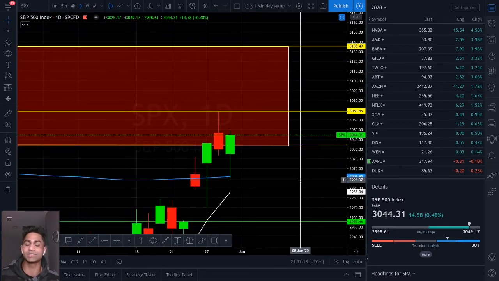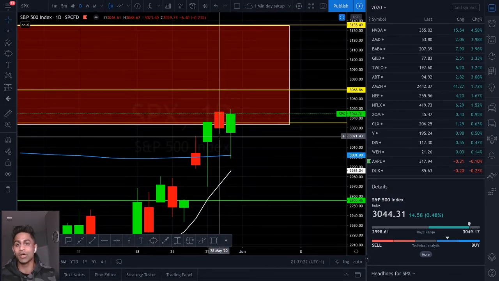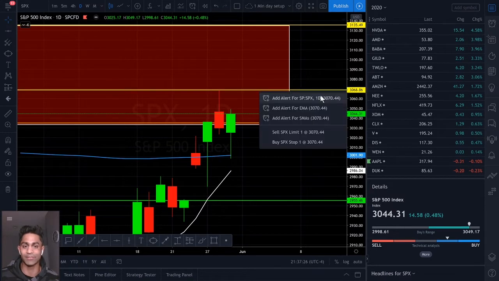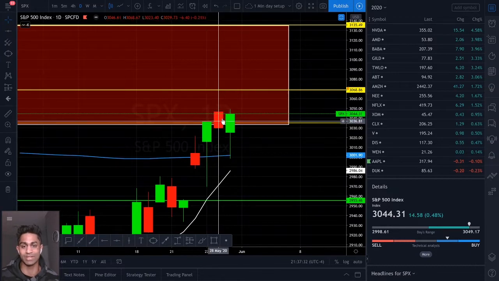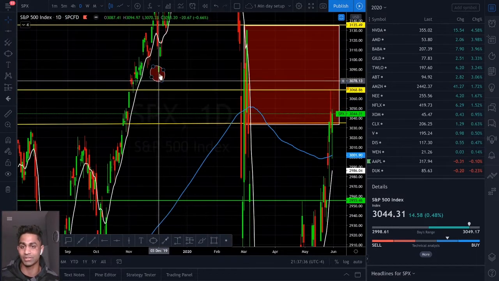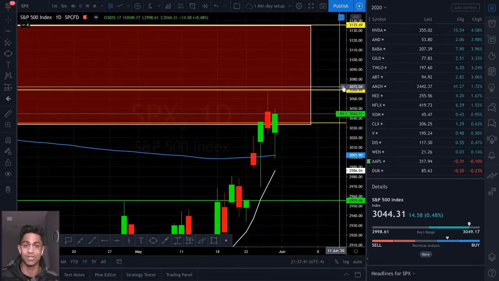So it'd be really interesting to see if the S&P is actually able to break out of its most recent high of 3068. So I'm going to go ahead and create an alert around 3070 just so I get notified if the S&P 500 is actually breaking out of its most recent high of 3068, which also we've identified as a very clear support in the past and can very well be acting as a very strong resistance right now.